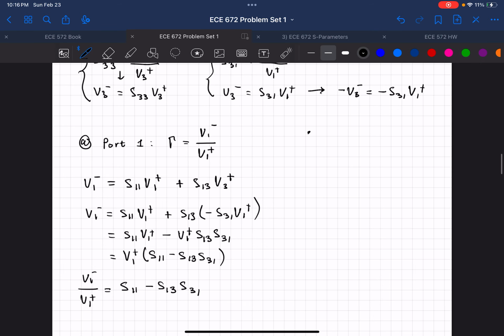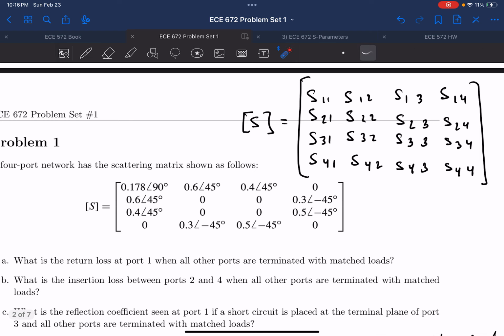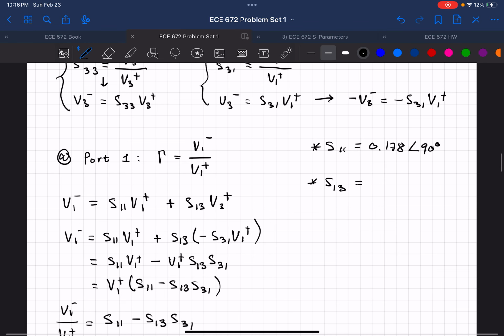We know that S11 is equivalent to 0.178 at an angle of 90 degrees. S13 is equivalent to 0.4 at an angle of 45 degrees.